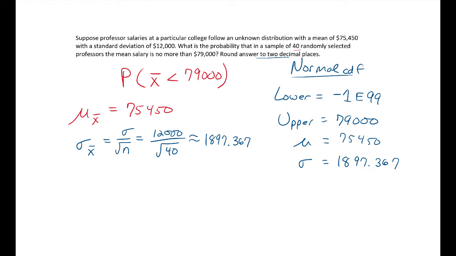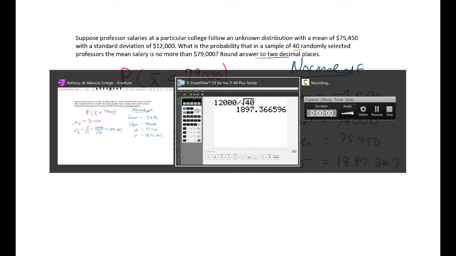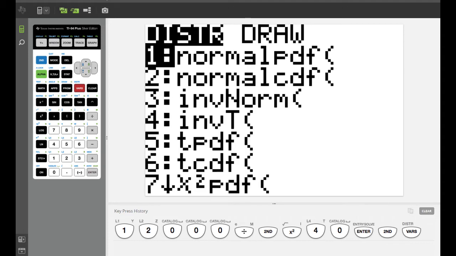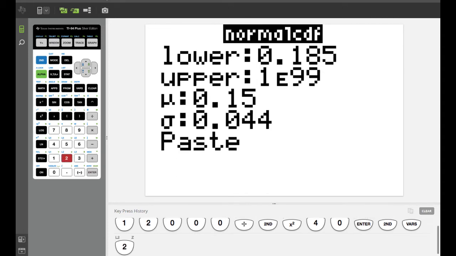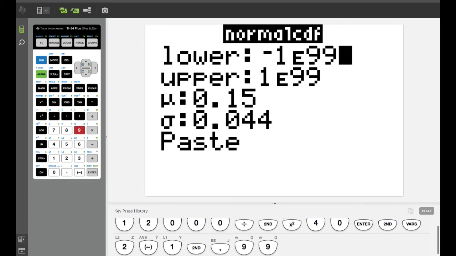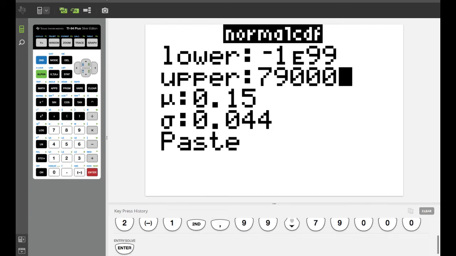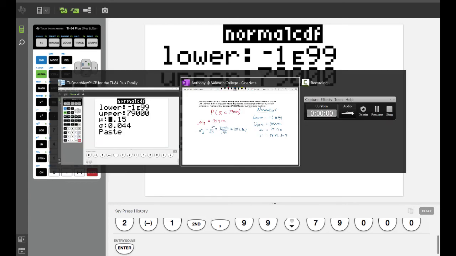Okay, so here we go. We're going to feed everything into Normalcdf. Second vars, number 2 for Normalcdf. The lower bound was negative 1E99. The upper bound was 79,000. The mean was 75,450.